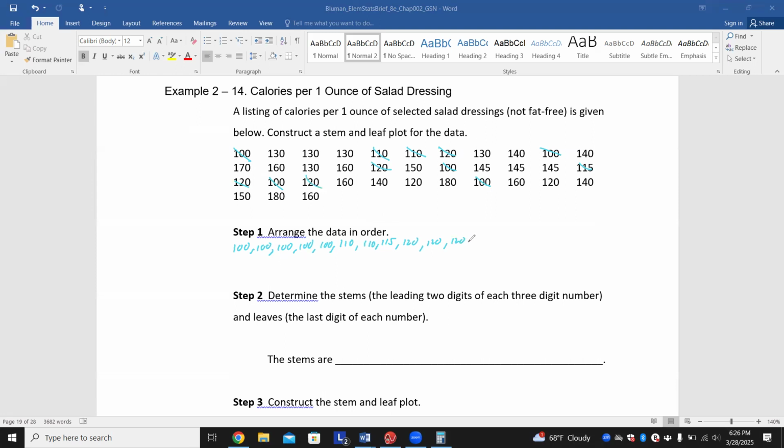A 120 right there. 120. 120. And then I didn't see any 125, so I'm gonna go to 130. There's another 130. There's another 130. Another 130. Another 130.